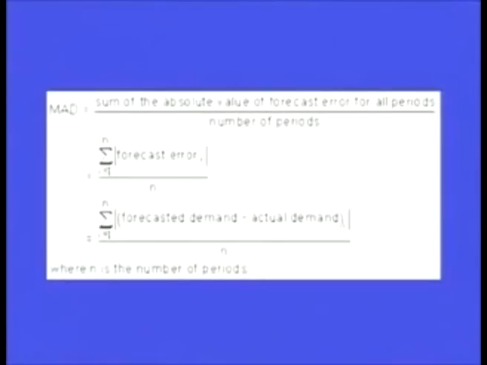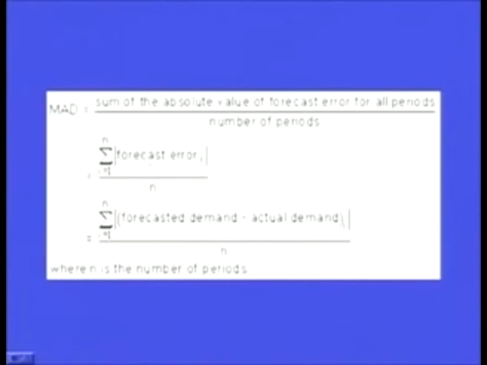Mathematically, we can represent MAD as the summation, for i from 1 to n, of the forecast error for period i, divided by the total number of periods for which we are calculating the value of MAD.